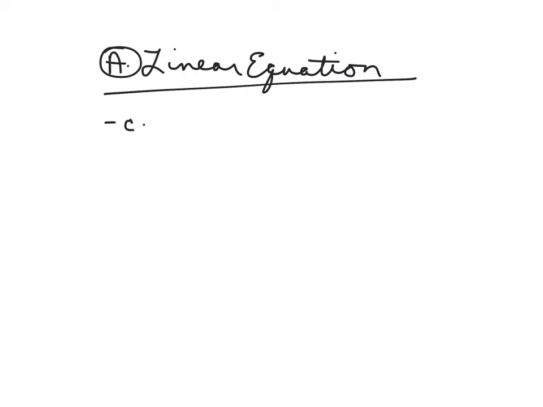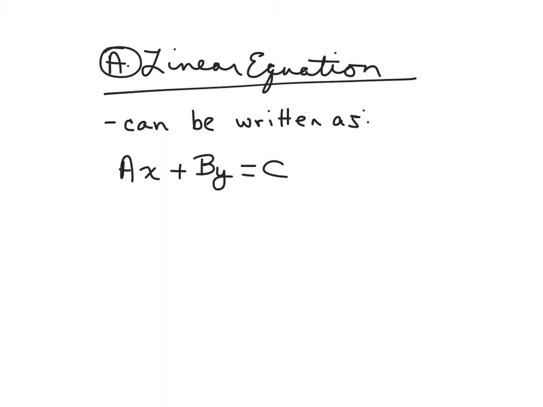A linear equation is any equation that can be written as... That doesn't mean it has to be written this way, it just means it can be written this way. Something times x plus something times y is equal to something. Any equation that could be written like that, if you graph it, it's going to be a line.